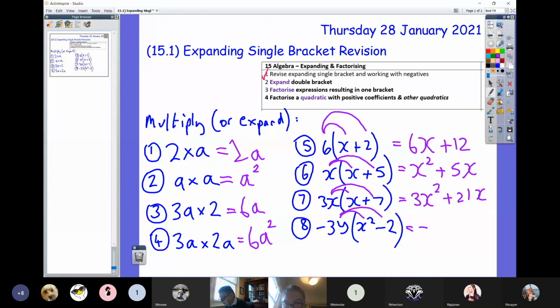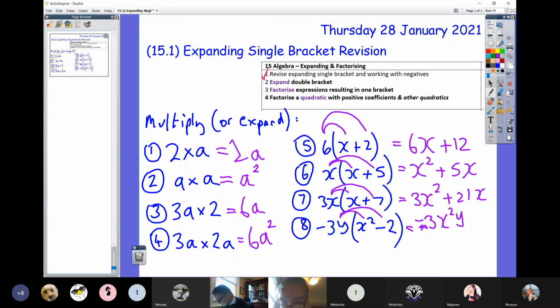It's 3 things being multiplied together, all of which are different. So all we can do is put it in alphabetical order. So put the number first. Now x comes before y in the alphabet, so pop in the x squared, and then the y. So that's minus 3x squared y.